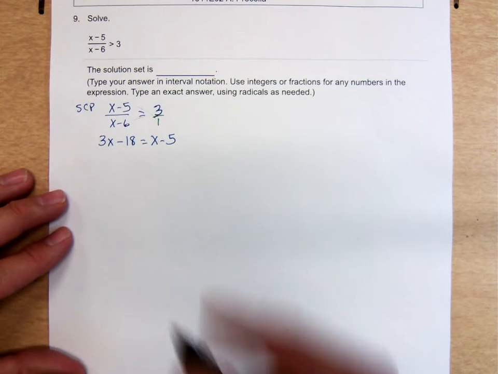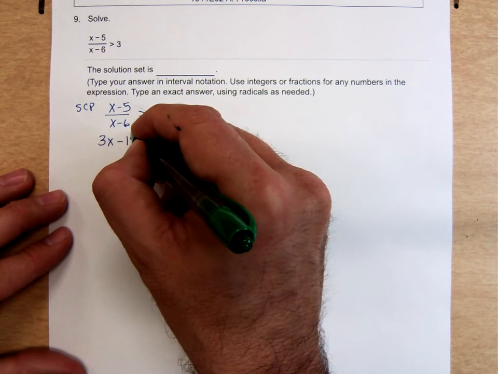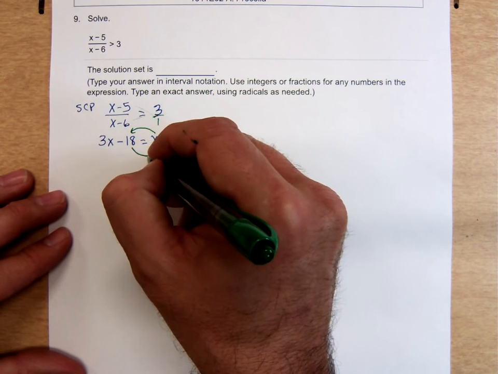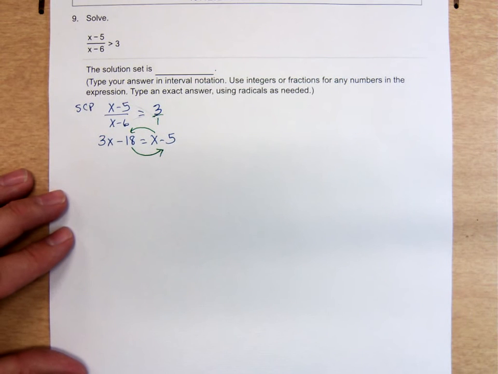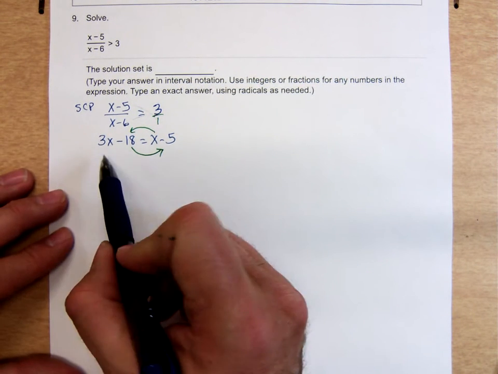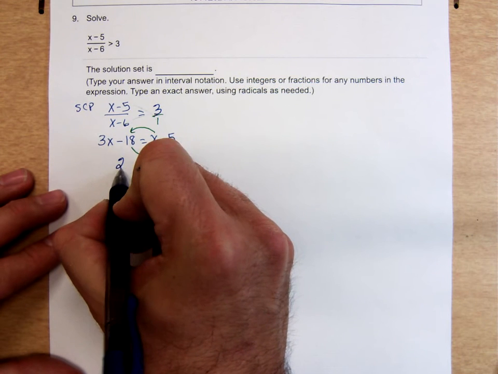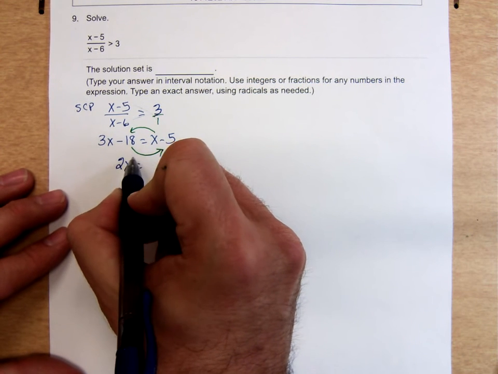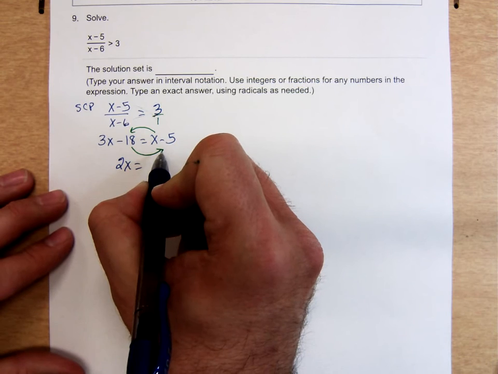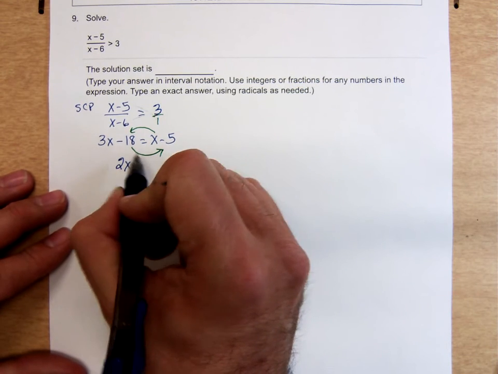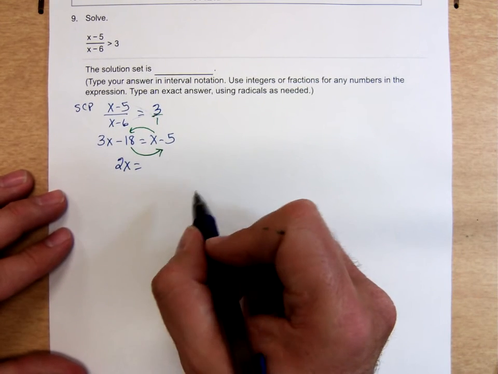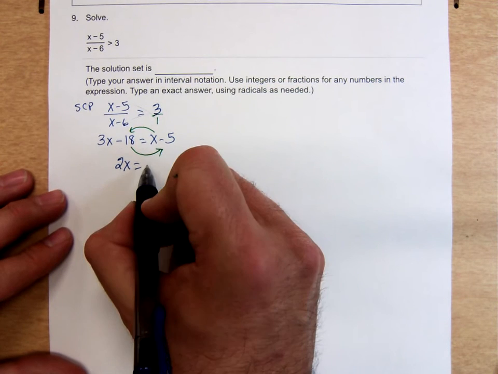Now, I'm going to move this x over here and the 18 over there. So 3x minus 1x, that would be a 2x on the left. Adding 18, negative 5 plus 18, is that a 13?